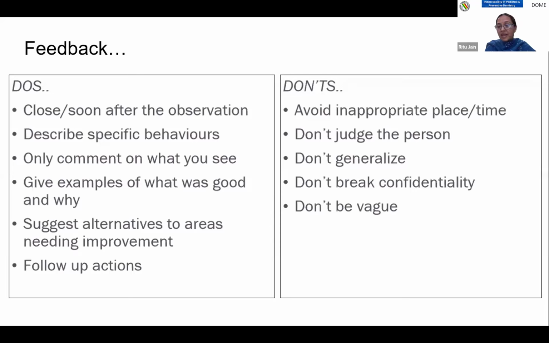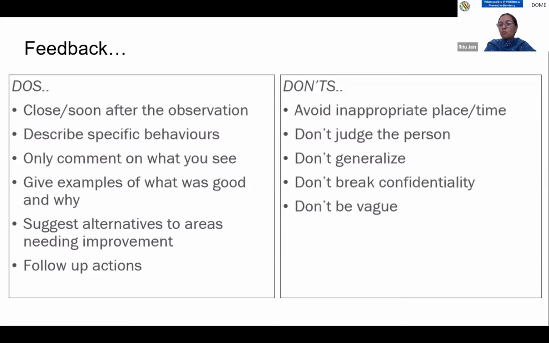Do not give vague feedback, because with vague feedback, the student will not know what he's supposed to improve and how he's supposed to improve. You can always give examples like, I could see that you were able to do this well, and I observed that you were fumbling in this area. So make it very specific for the student so that he's able to identify his areas of weaknesses.